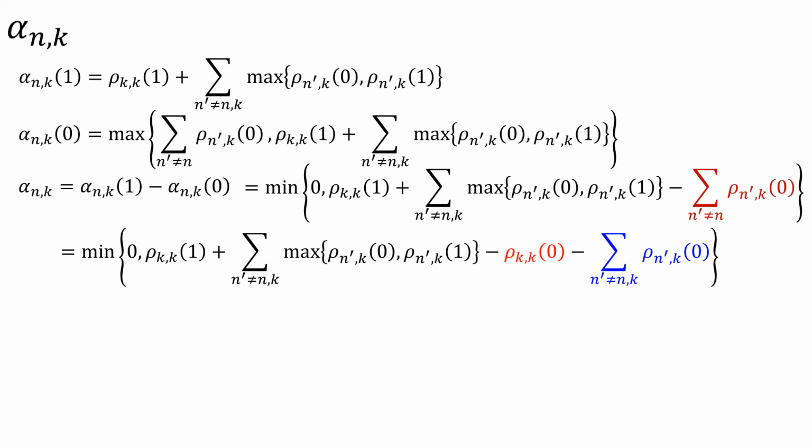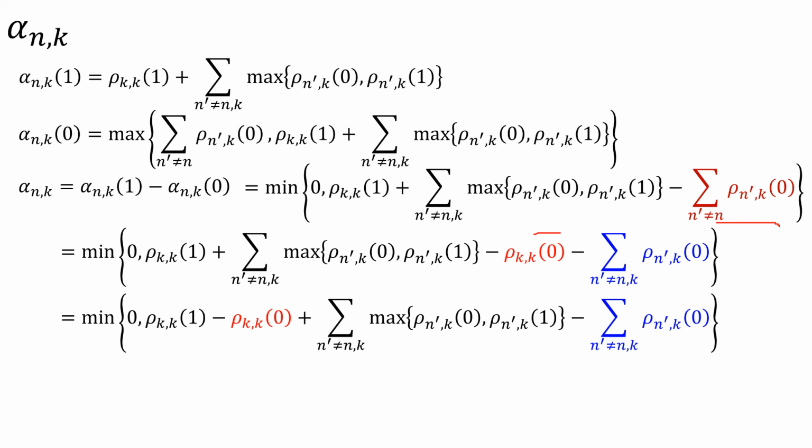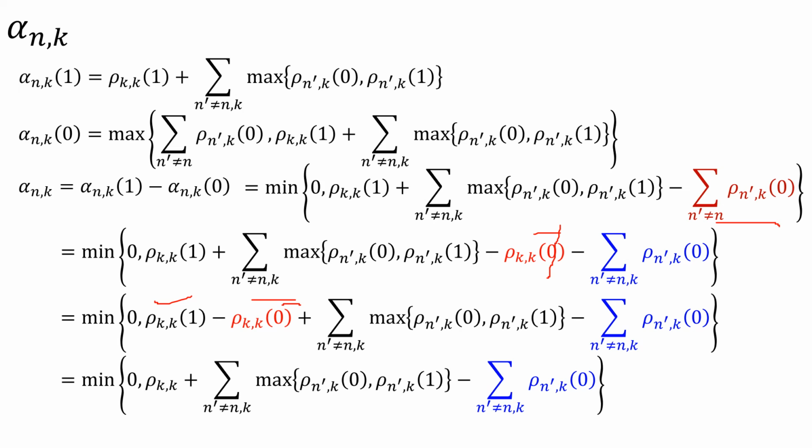So next, what I do is I split this summation into two parts. I take rho kk outside the summation, and then I move rho kk over here. And observe, I have rho kk1, and this is the rho kk0, which I obtained from here. And so rho kk1 minus rho kk0 is the scalar rho kk, whence I get this expression here.